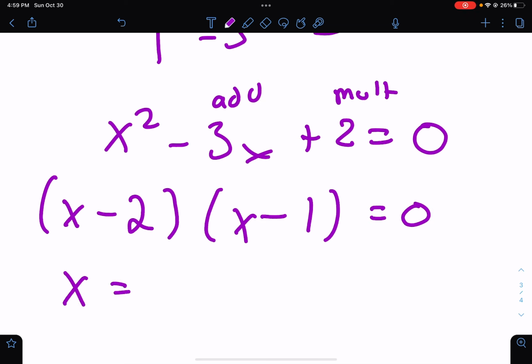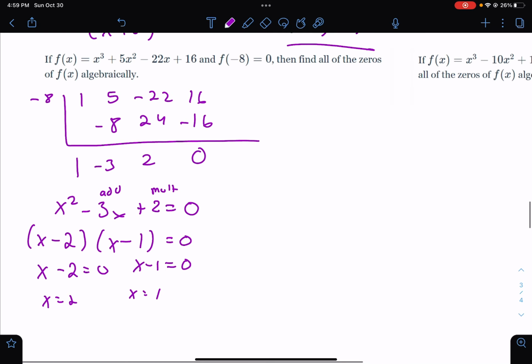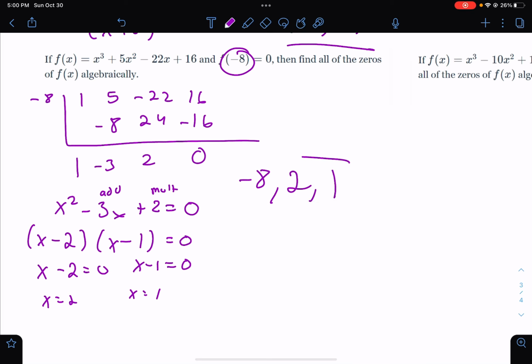You can set these equal to 0. You get x minus 2 equals 0, x minus 1 equals 0, so x equals 2 and x equals 1. If they want us to find all the zeros, obviously negative 8 is a 0. Now we found 2 and we found 1. So these would be all of our zeros of this polynomial.